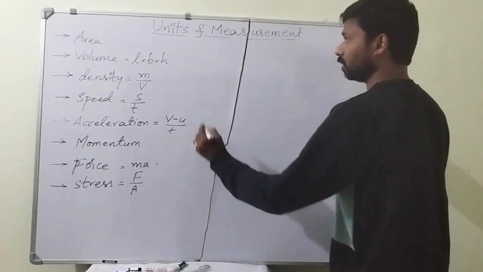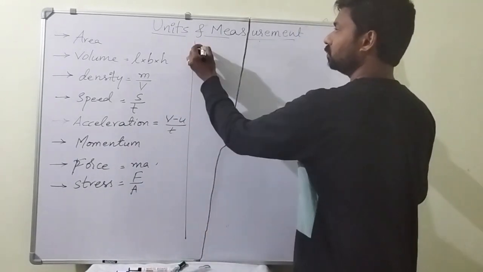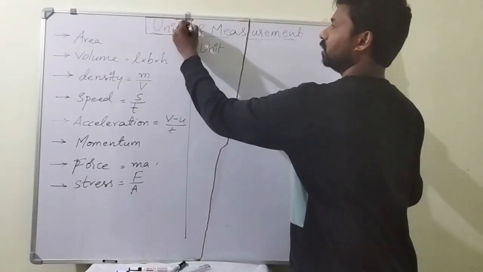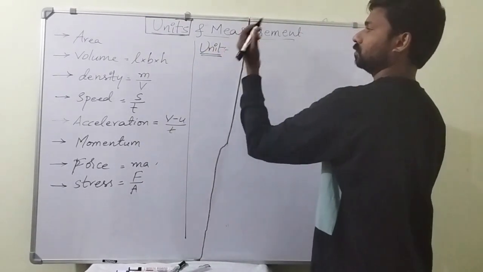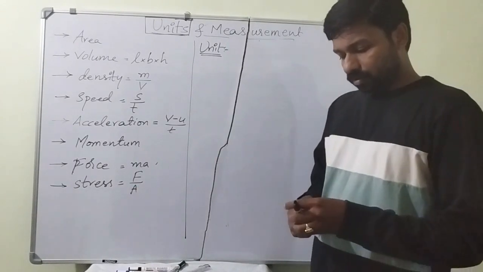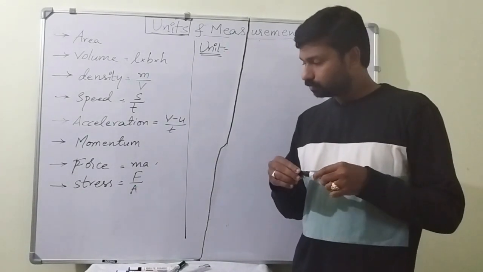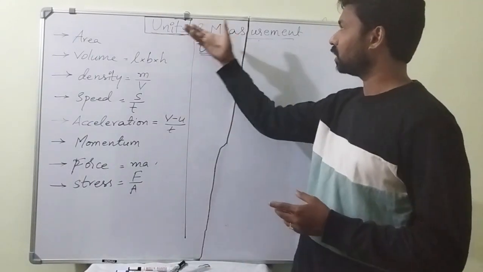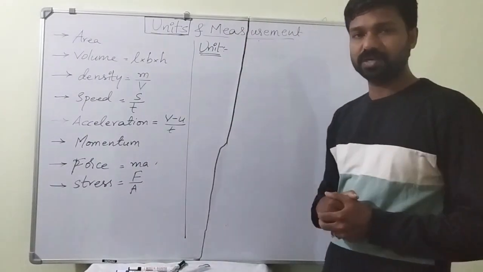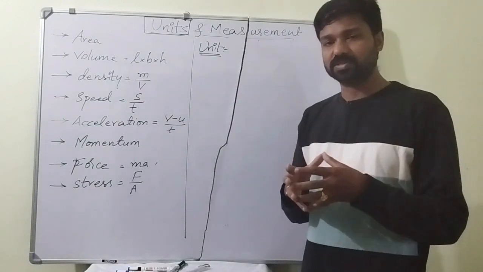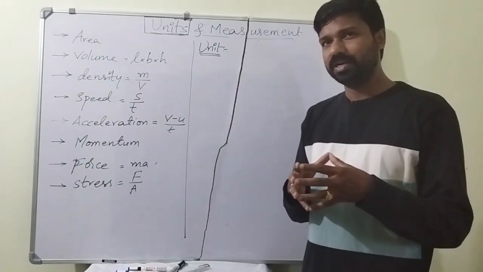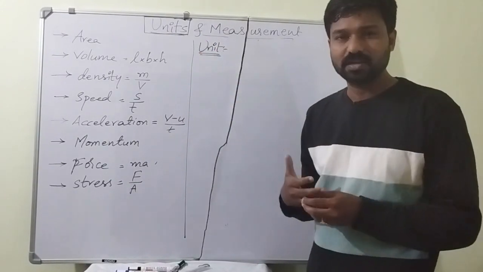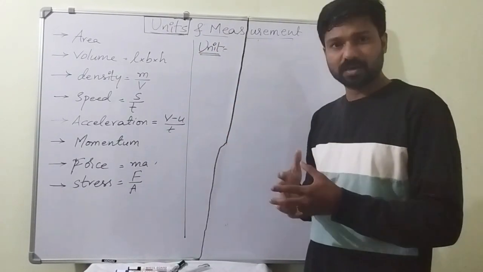So first of all, what is meant by a unit? Look at this. For example, in olden days, if they wanted to measure the length of this board, they needed a constant quantity so that we can identify the length of a particular substance.